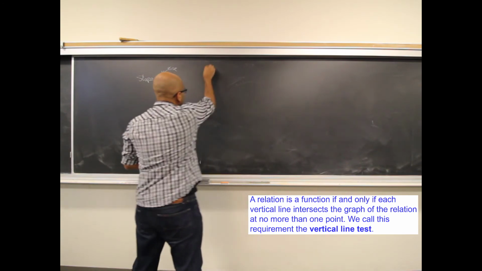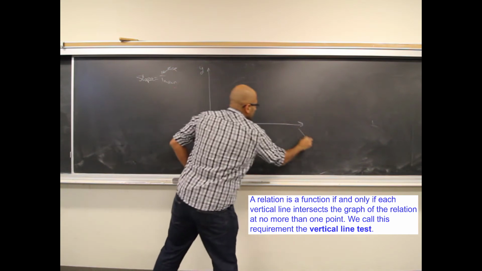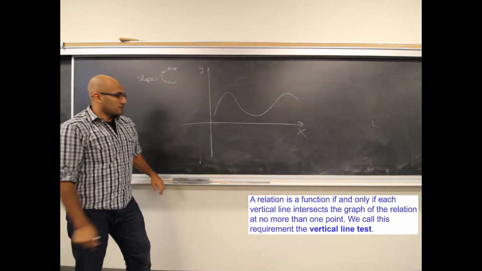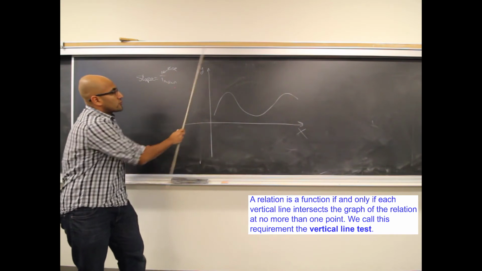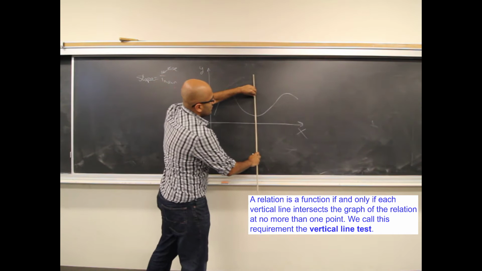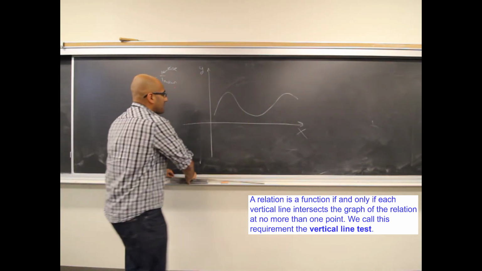So for instance, say I gave you that picture, is that the graph of a function? As I sweep my vertical line across, is it ever going to touch at more than one point at the same time? No. So this is the graph of a function.